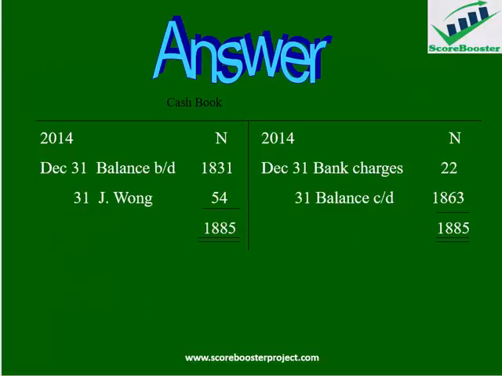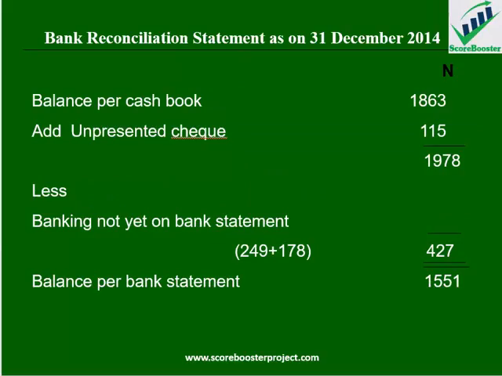First of all, adjust your cash book, get a new balance different from the balance you had before, and take the balance to your bank reconciliation statement. That's the balance as per adjusted cash book. Then your unpresented checks, or your uncredited checks.